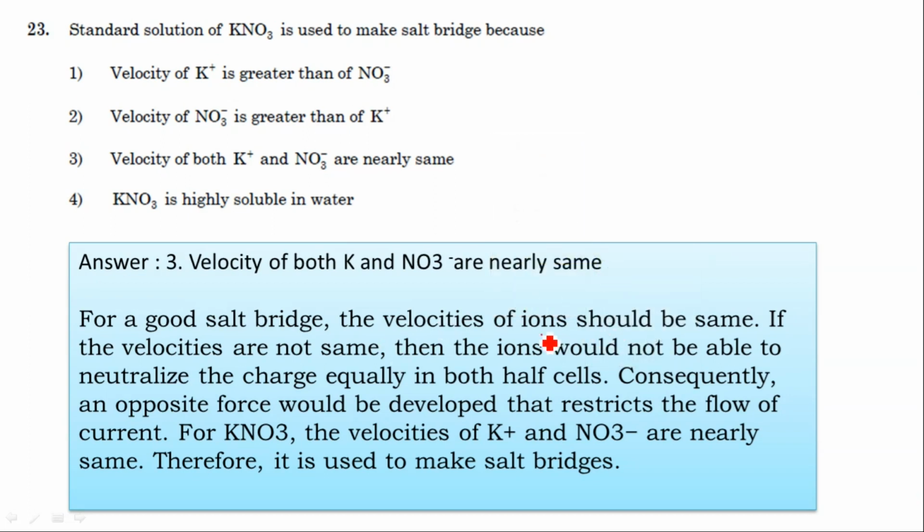If not, the ions would not neutralize the charge equally in both half cells, that is anode and cathode. Consequently, an opposite force would develop that restricts the flow of current. For KNO3, the velocities of K plus and NO3 minus are nearly the same. So option 3 is correct.